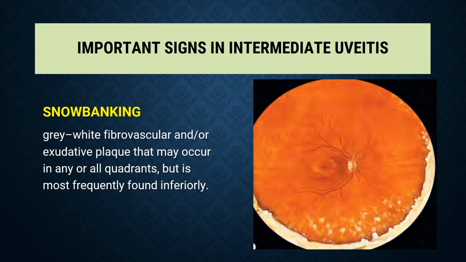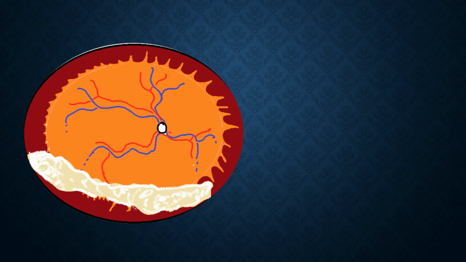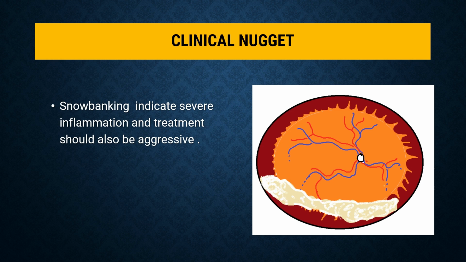So you have fibrous tissue, glial tissue, and a lot of exudative material in the snowballs and snow banking. When these exudates form a gray whitish fibrovascular exudative plaque-like material on the pars plana, near the region of pars plana or in the peripheral retina, then that is known as snow banking. Okay, now snow banking is most commonly found in the inferior quadrant, or you can have it in about a 180 degree quadrant, or sometimes it can also extend to 360 degrees. So that is your snow banking.